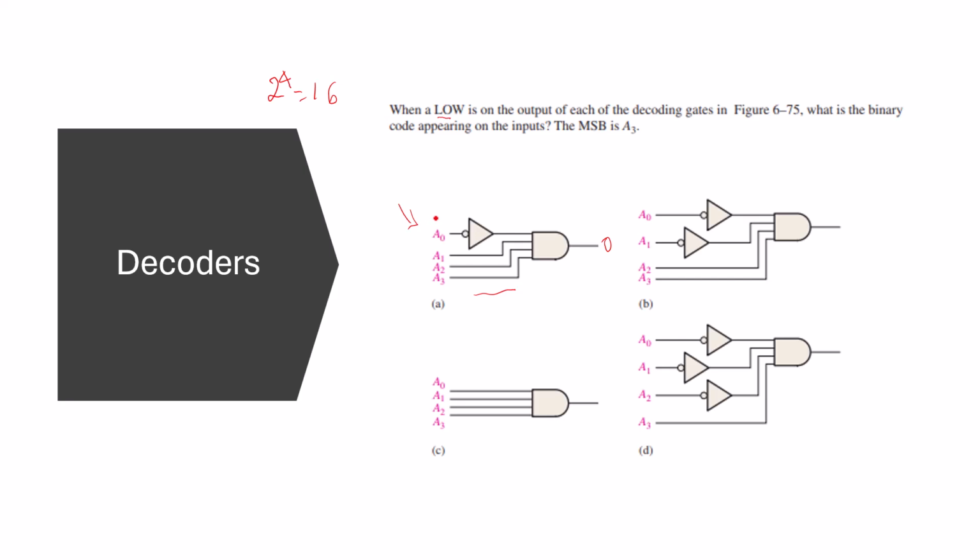Any of 15 messages will generate low. The only time when we're going to have high is when we have A3, let me write them here, A2, A0. The only time when the output will be high is this 1 1 1 0. So this is the exception.